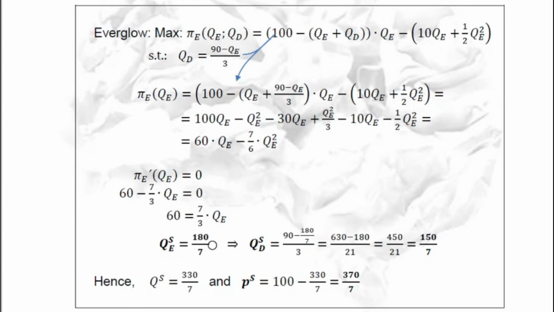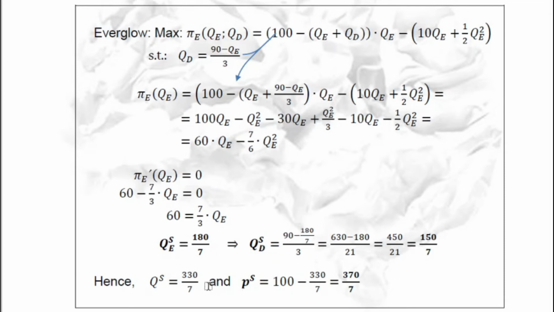If we isolate QE, we have 180 divided by 7. Then, if we go to the best response function for QD, we have 90 minus this quantity divided by 3. We operate and we get 150 divided by 7.